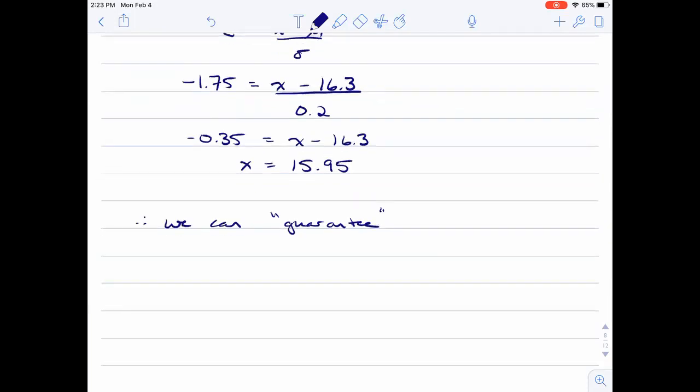We can guarantee no more than 4% of boxes weigh less than 15.95 ounces. Cool.